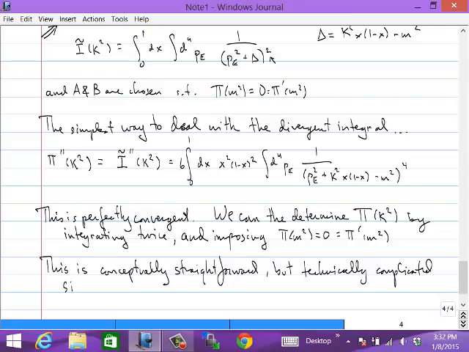And the reason is that the intermediate steps involve somewhat more complicated integrals. In particular, every time we take a derivative with respect to k squared, we bring out those extra powers of x and 1 minus x. And so the intermediate steps in this calculation are actually rather complicated.